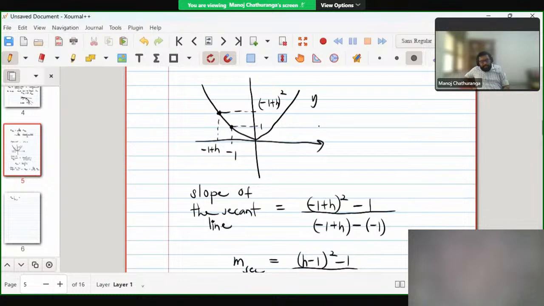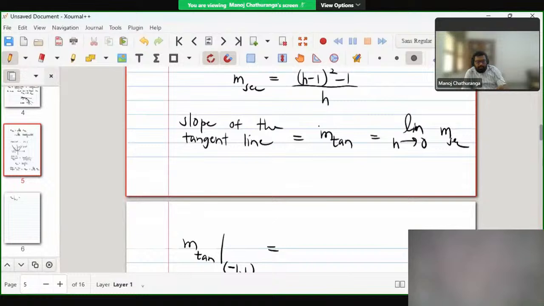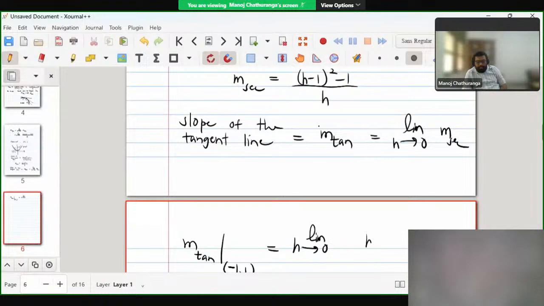So the equation for the curve is y equals x squared. Every time, if you know the exact coordinate, you square it to compute the y coordinate. So for this particular x coordinate, the corresponding y coordinate is (-1 plus h) squared. So the slope of the tangent line is the limit as h goes to 0 of ((h minus 1) squared minus 1) divided by h.